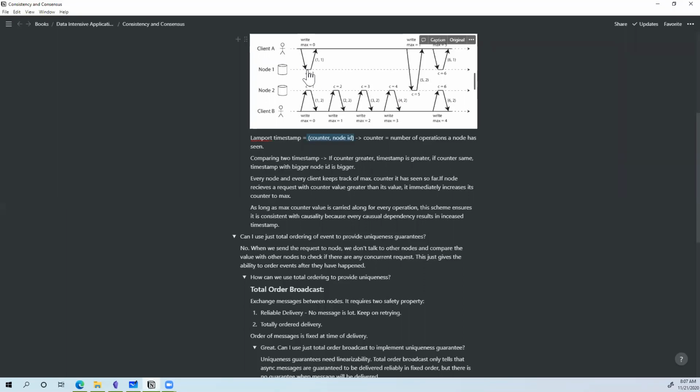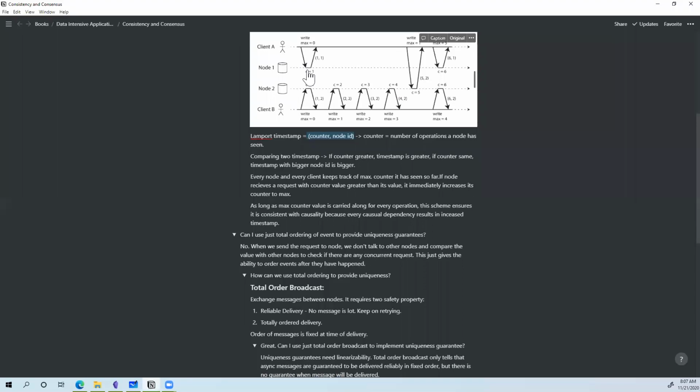That node will append a message to the log saying that we want to reserve this username, and then it will make the total order broadcast of that log entry.